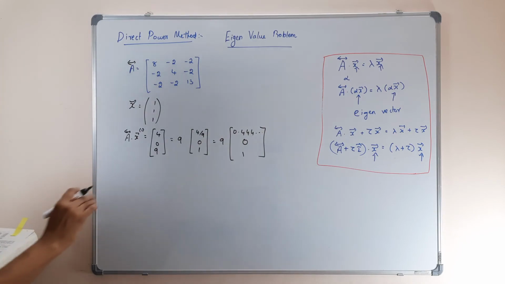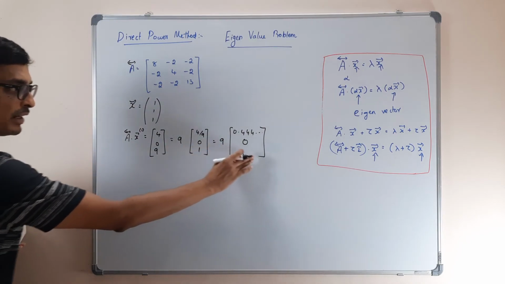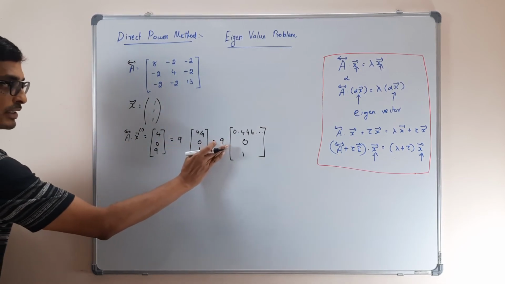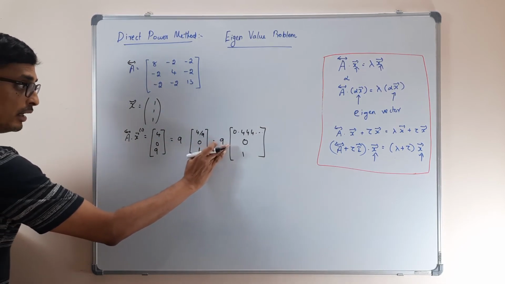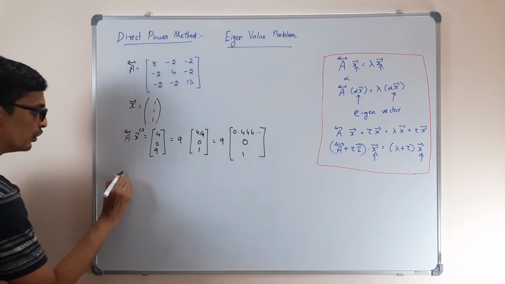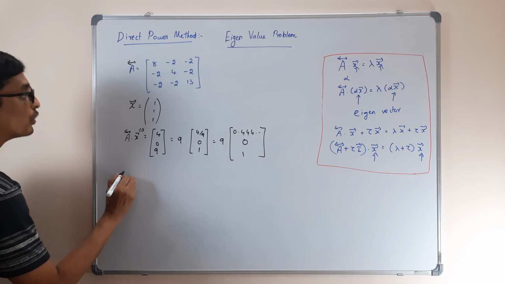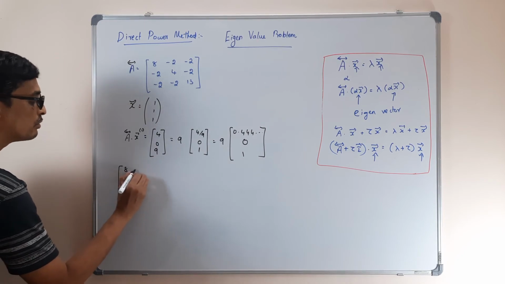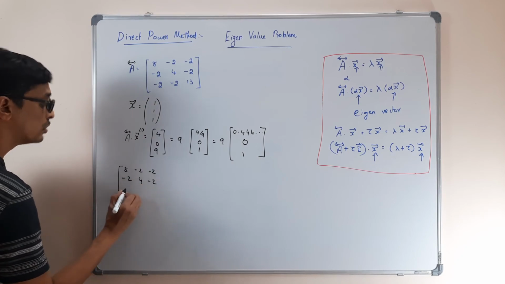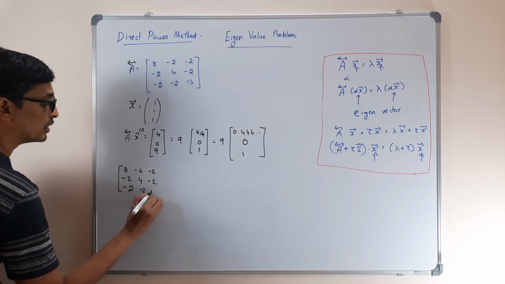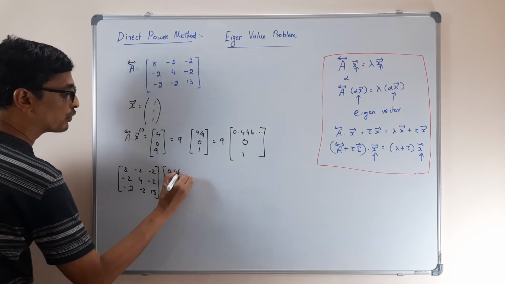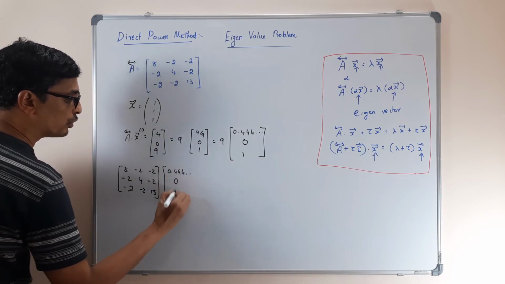Now this is the matrix we are going to operate on with A. Remember, we don't remove this factor, this is the alpha we were talking about earlier, the factor we took out. So now I multiply this matrix again with A. A is 8, minus 2, minus 2, minus 2, 4, minus 2, minus 2, minus 2, 13, multiplied by 0.444, 0 and 1.